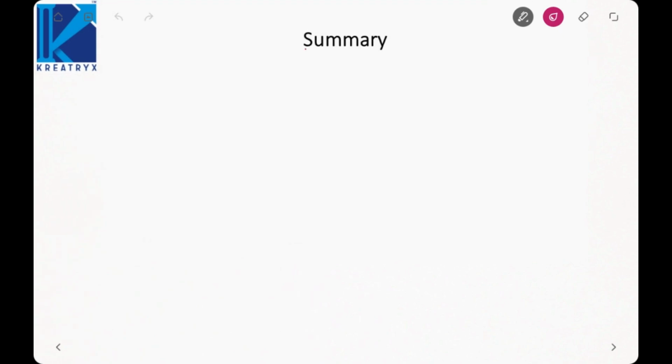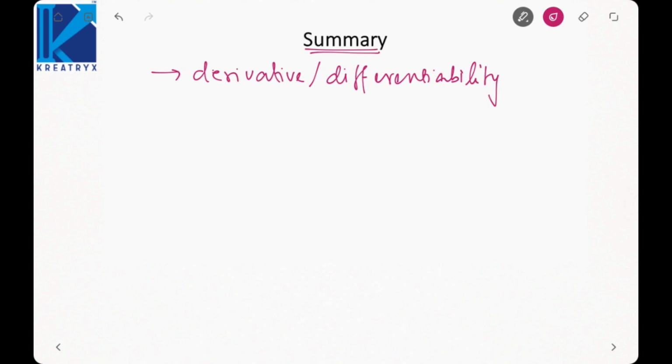So let me summarize what we have covered in this lecture. I first told you about the concept of derivative. What is derivative? And I told you the meaning of differentiability. The condition that we saw for differentiability was right hand derivative is equal to left hand derivative. Then we moved on to the mean value theorem, in which we first saw Rolle's theorem.